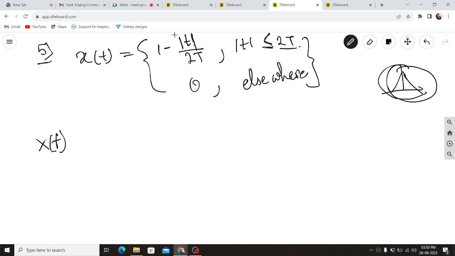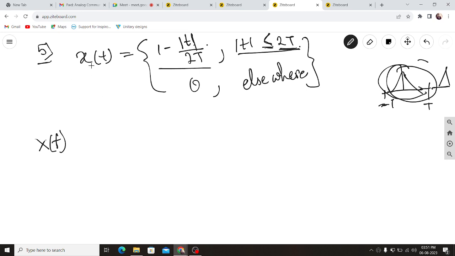You can substitute particular values for negative and positive t and draw the signal yourself, and you will find that this equation represents a triangular pulse, and it is periodic. After minus T to T, another triangular pulse follows, defined by this equation.